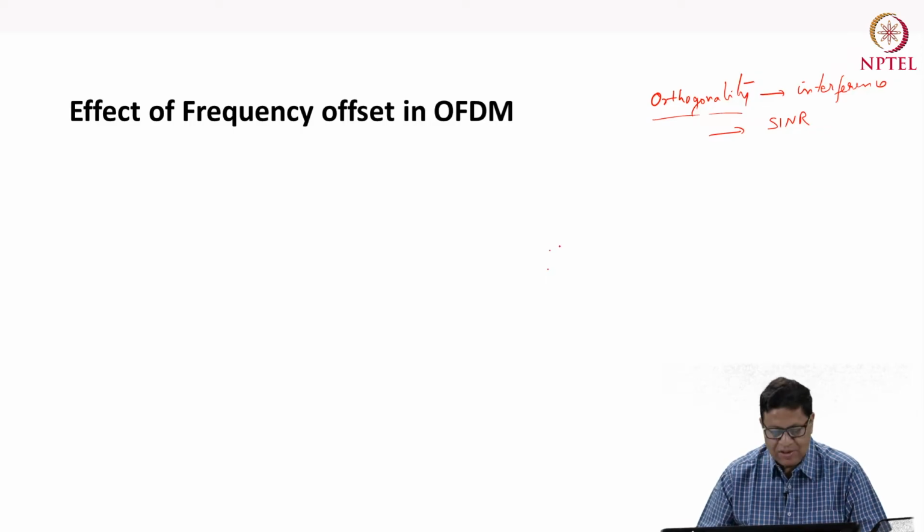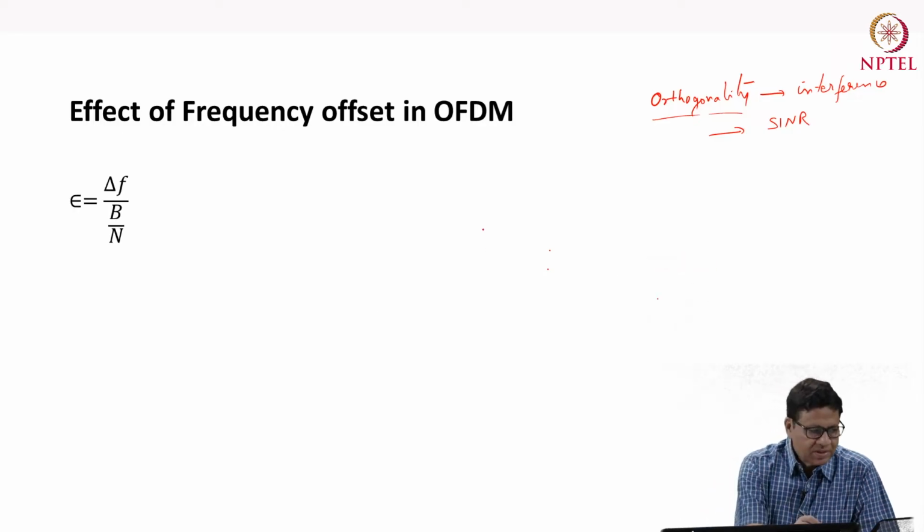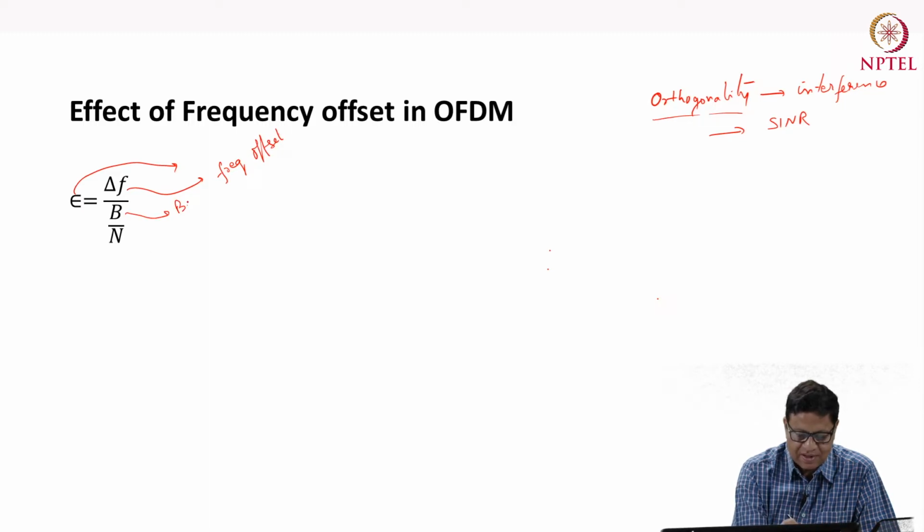For that we need to define a parameter which is called the normalized frequency offset. Delta F is the frequency offset, B, as we know, is the bandwidth, and N is the number of subcarriers.